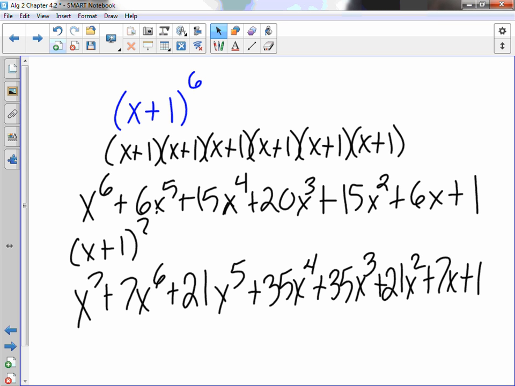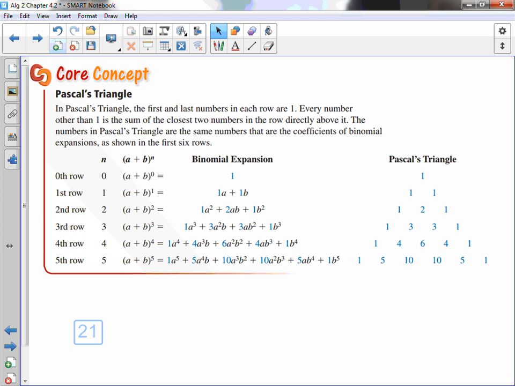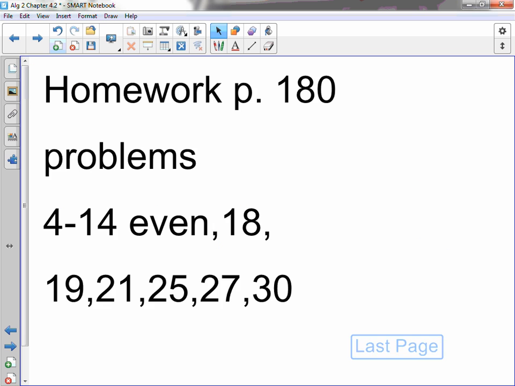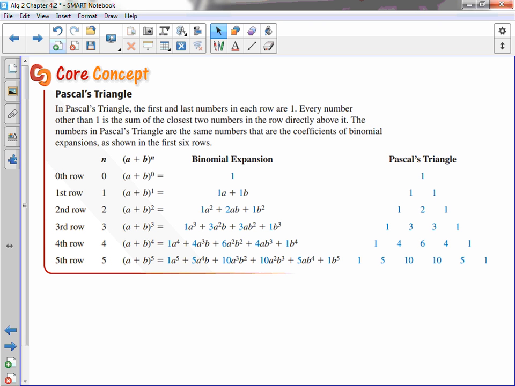I chose 1 and 1 because these are just the numbers, but it helps us see what the terms would be. It's a faster way to write it because it tells me how the variables are going to work out. It's kind of a cheat sheet for doing these multiplications. Otherwise, for the 5th, I would have had to multiply that thing by itself 5 times. Like how we did it with just 3, it took a decent bit, let alone doing it 2 more times on top of that.